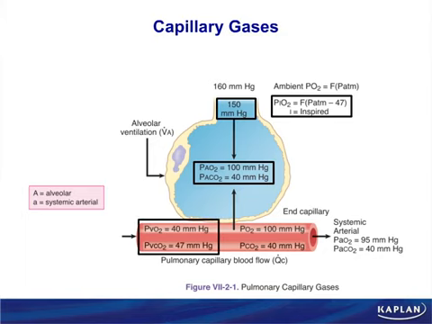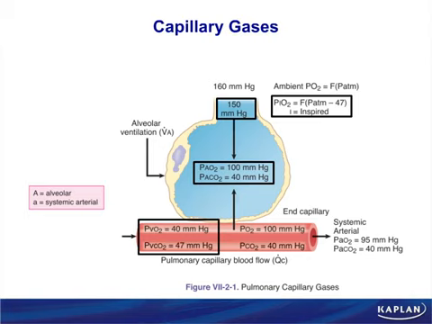To the left, as I've boxed and highlighted, are our partial pressures of venous blood, low oxygen, high CO2. So the PO2 is about 40, PCO2 is about 47. So we have a pressure gradient for oxygen to diffuse in and a pressure gradient for CO2 to diffuse out. Gases are going to move.